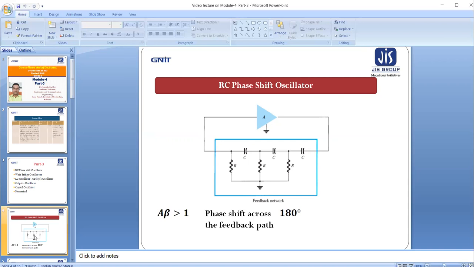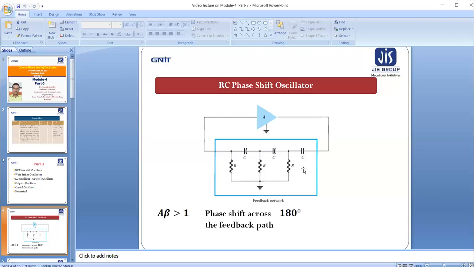So this is the general circuit of this RC phase shift oscillator. We are seeing that this is an amplifier. It may be a BJT based circuit, it may be a field effect transistor based, or it may be op-amp based. But we generalize this amplifier as A, whose gain is A, and the output of the amplifier is going to a combination of C and R network, that is capacitor and resistor network.